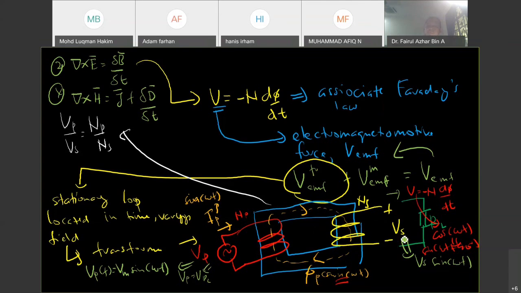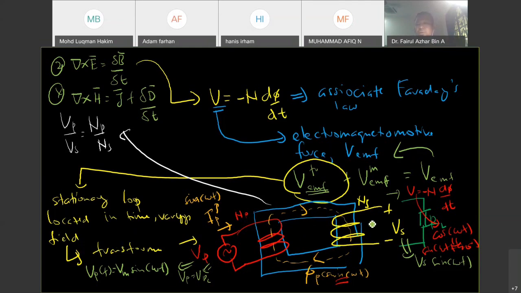So this is the proof that we need to use AC voltage inside this transformer in order to make it function as a transformer, definitely to produce our transformer electromotive force. This is how we represent a stationary loop located in a time varying field.